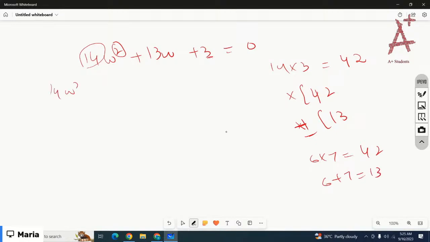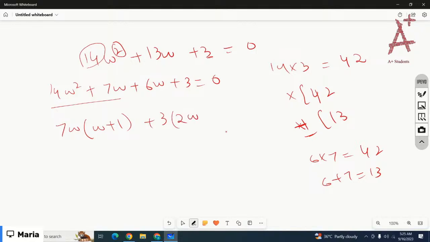So it is 14w square plus 7w plus 6w plus 3 equals 0, right? From the first two terms we can take common 7w, and we're left with 2w plus 1. From the last two terms we can take common 3, and we are left with 2w plus 1. So 2w plus 1 is common, and you have 7w plus 3. Those are the factors of the equation.